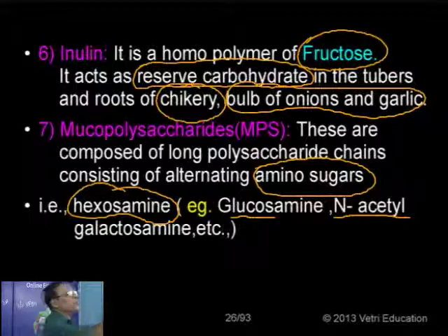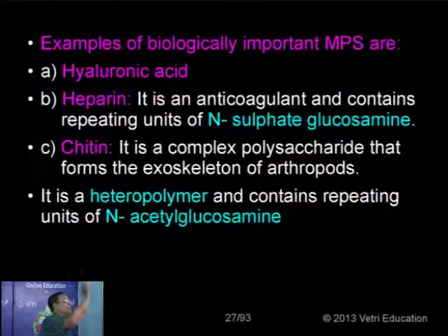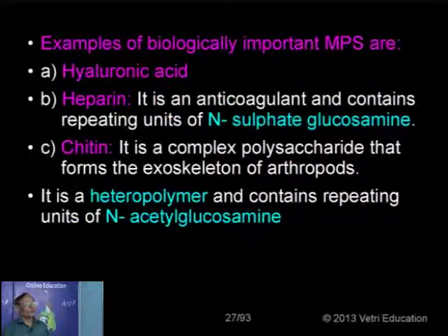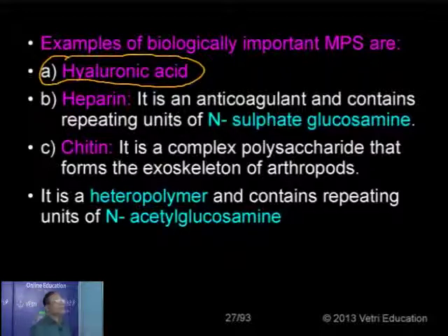Now let's see the biologically important forms of MPS, the mucopolysaccharides. I have given three here. One, hyaluronic acid. In the mammalian egg cell we have some membranes, you know, zona pellucida, corona radiata, etc. The corona radiata is formed of follicle cells over the zona pellucida, the primary egg membrane.